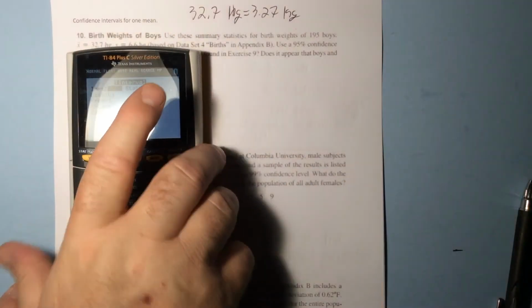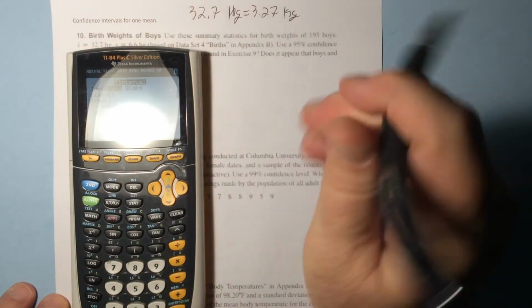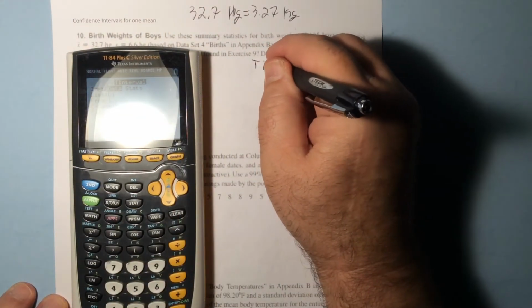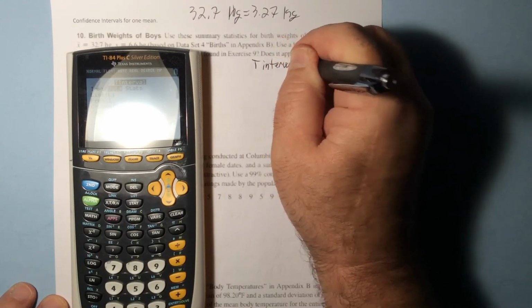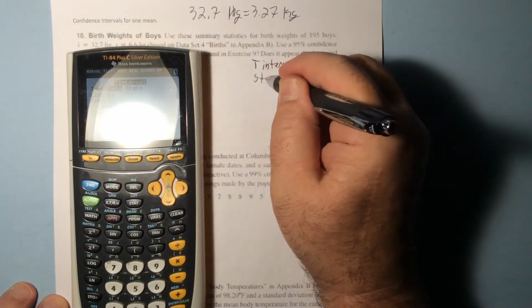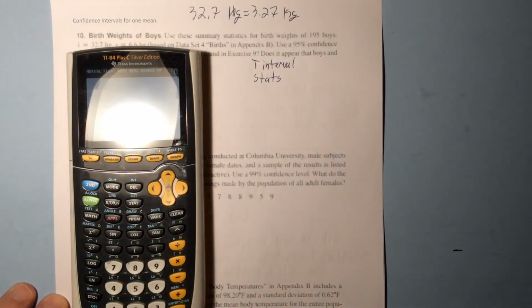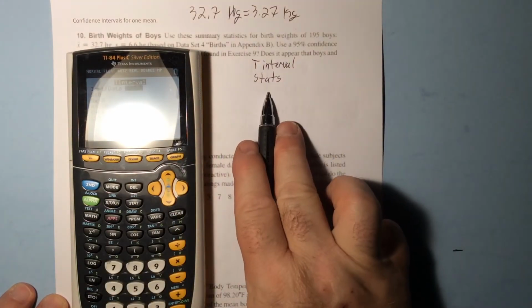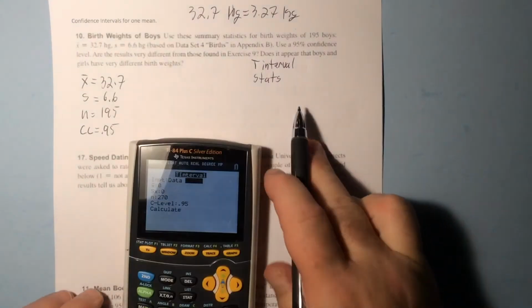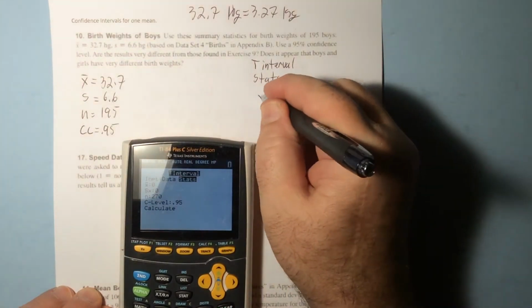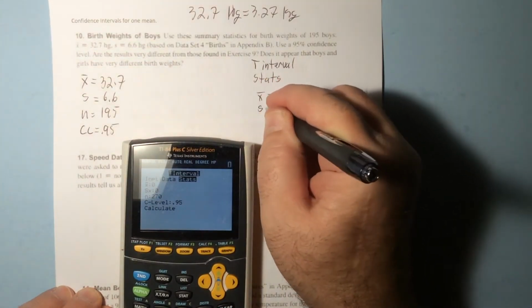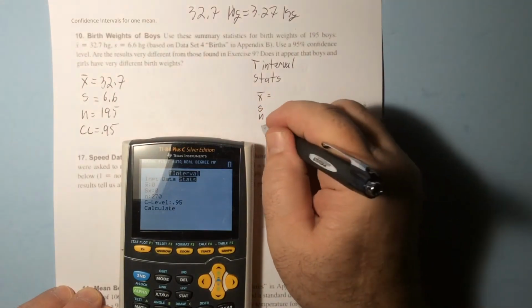So what I'm going to do with my paper here is I'm going to just put t interval, and I'm going to choose stats, meaning that I'm being provided with the summary statistics in order to do this question. So I can put t interval stats, and then I'm given x bar, s, n, and then the confidence level.